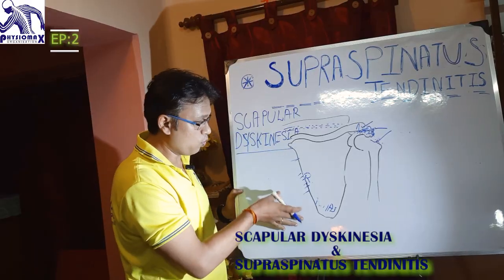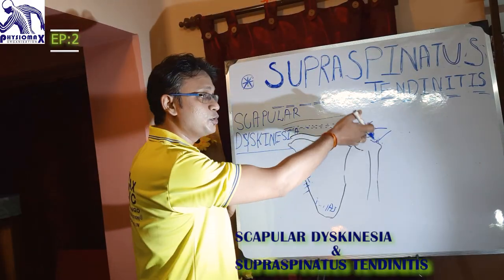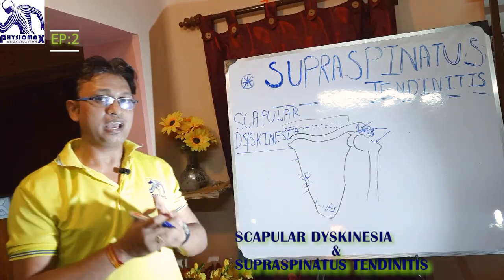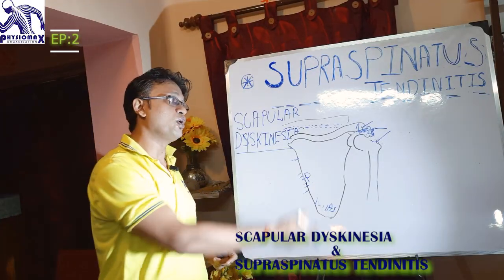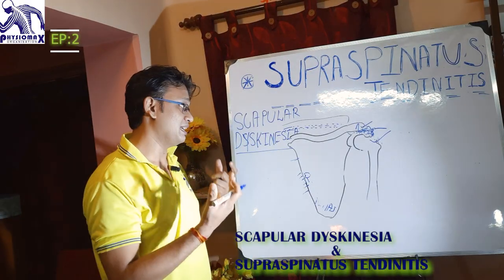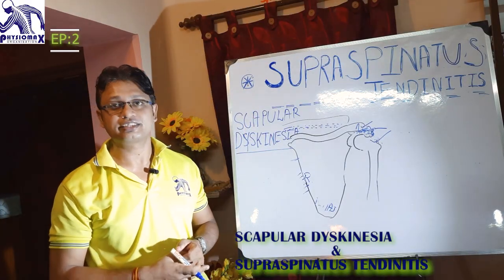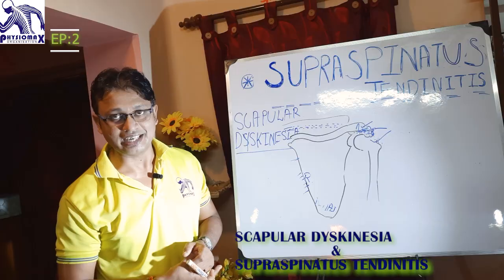So we understood that weakness of the rhomboid muscle may lead to supraspinatus tendinitis, and that's today's understanding. Another very important cause of supraspinatus tendinitis is this dyskinetic scapula or scapular dyskinesia.